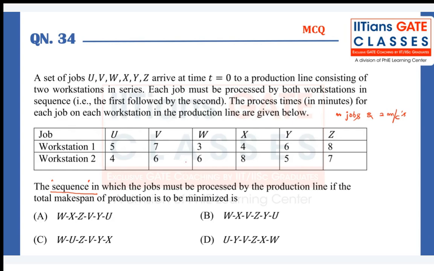Now for n jobs 2 machines, which algorithm do we follow? Johnson's algorithm. Clear? Now let us rewrite this clearly.